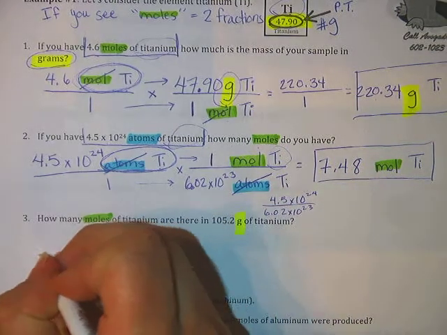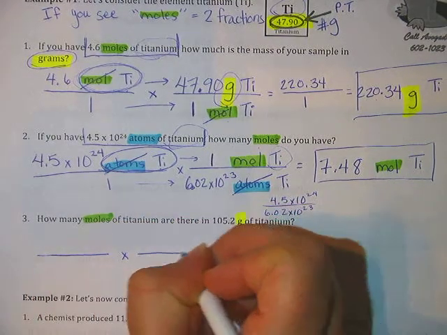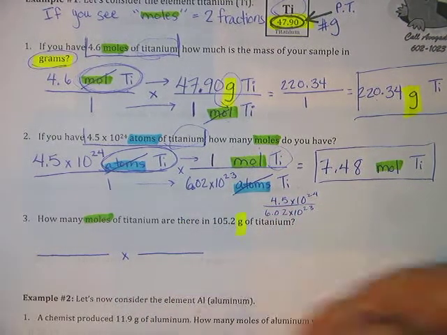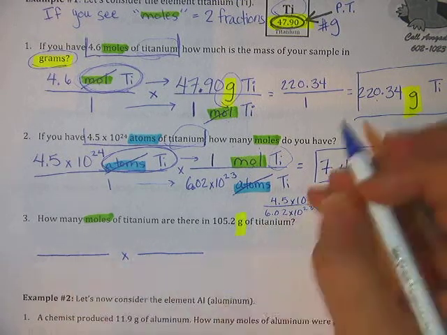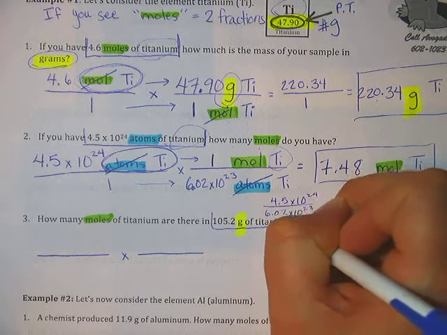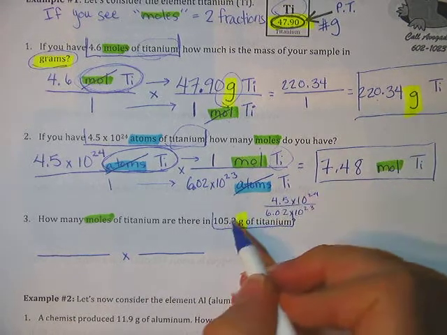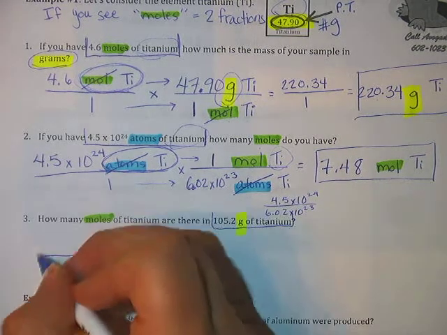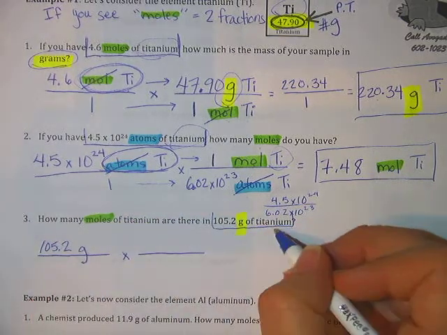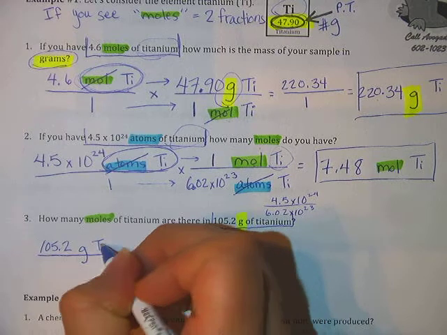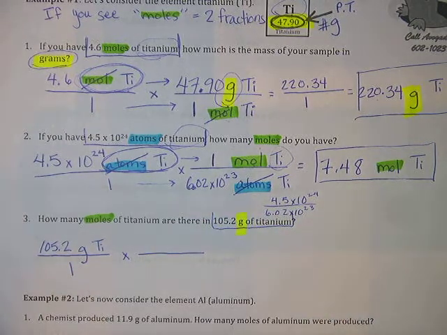So I'm going to need 2 fractions, 1, 2. And just like before, that first fraction should be the given number, unit, element over 1. So here's the number they gave me, 105.2. That is a number of grams, and our element is still titanium. I'm going to put it over 1.